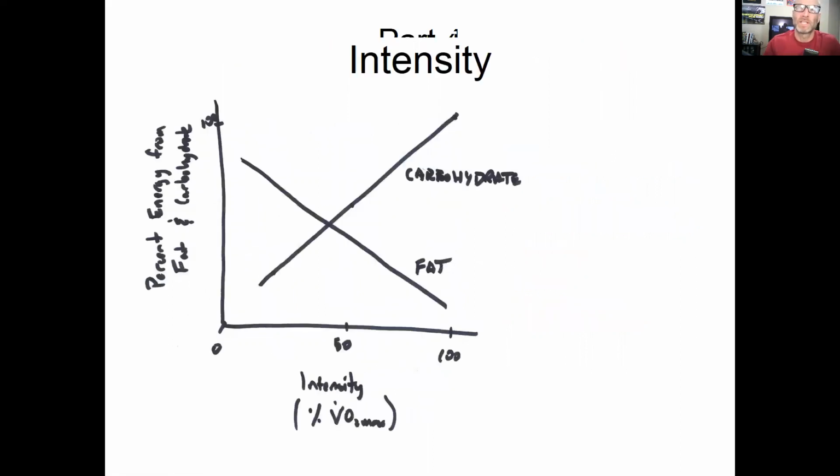Here's another way of looking at it: percent energy from fat and carbohydrates on the y-axis, and intensity of exercise on the x-axis. We see less reliance on fat as intensity goes up and a greater reliance on carbohydrate as intensity goes up. Where these two lines cross is an interesting phenomenon.